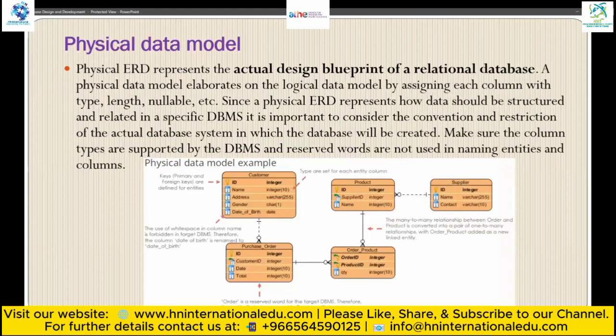Okay, physical data model. Physical ERD represents the actual blueprint of a relational database. Now the blueprint is developed. You have to design your physical data model. A physical data model elaborates on the logical data model.